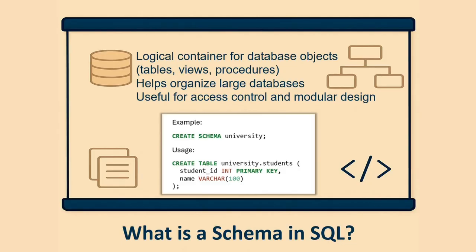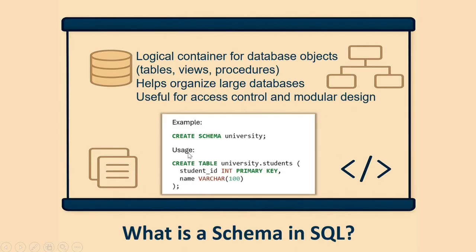How to create a schema using SQL. We can simply write create schema. For example, university is the name of the schema. This is the syntax for how to create a schema.